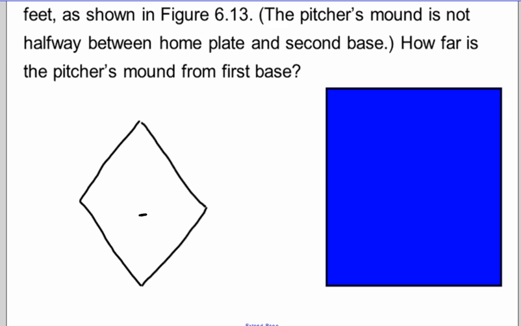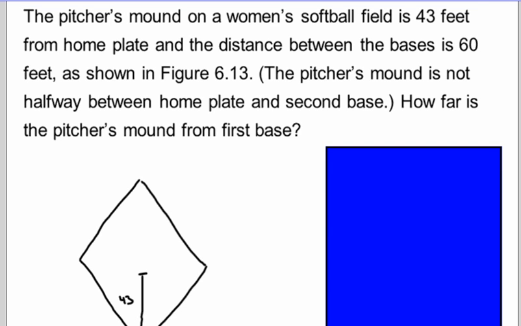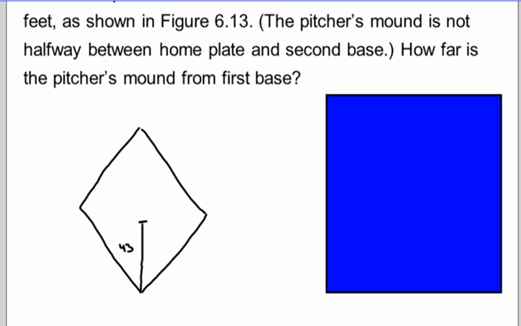So let's say maybe the pitcher's mound is right there. Come down here, this is 43 feet. And the distance between the bases is 60 feet. So this is 60, this is 60, this is 60, this is 60.